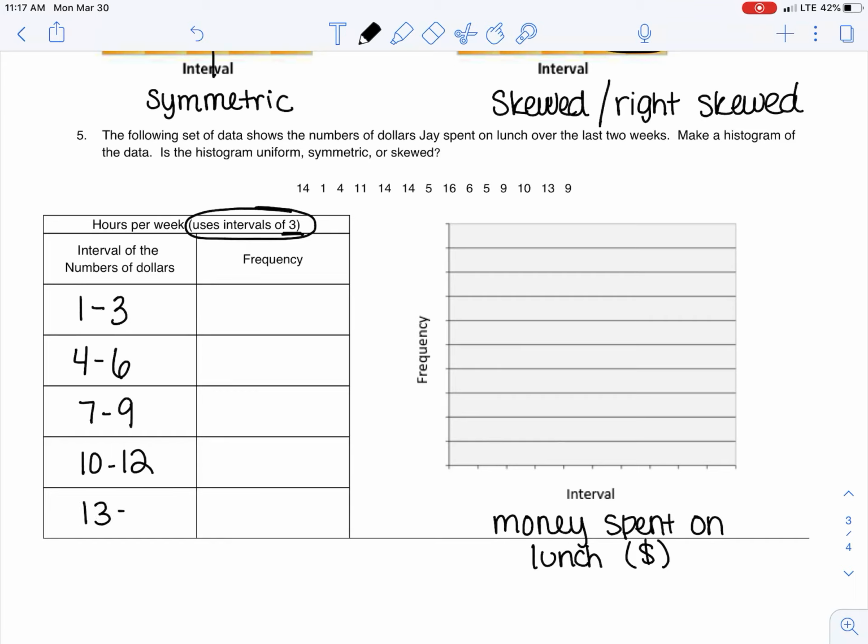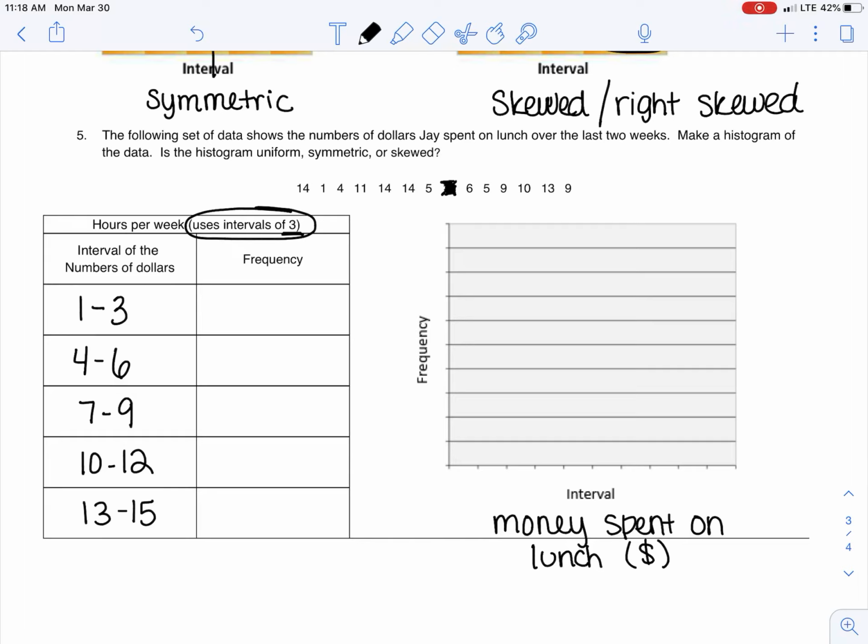And 13 to 15. It looks like we're going to have a problem here, though, because we have a number that's greater than 15. So I'm going to just have you cross out that 16. Act like that data is not there.